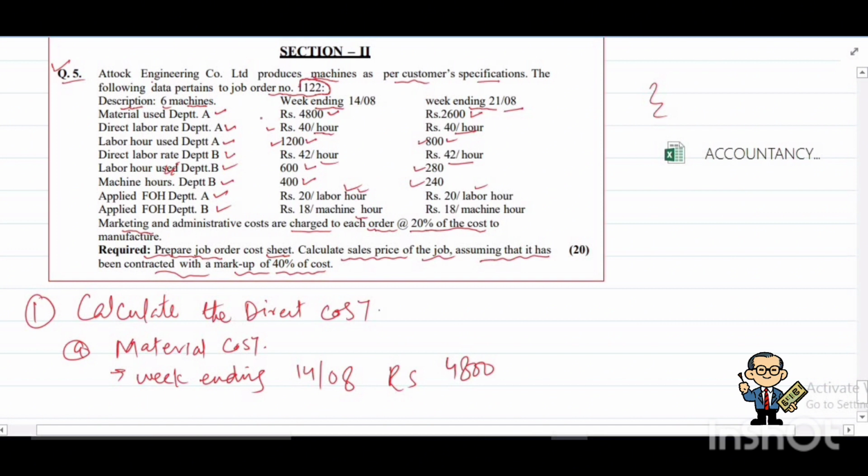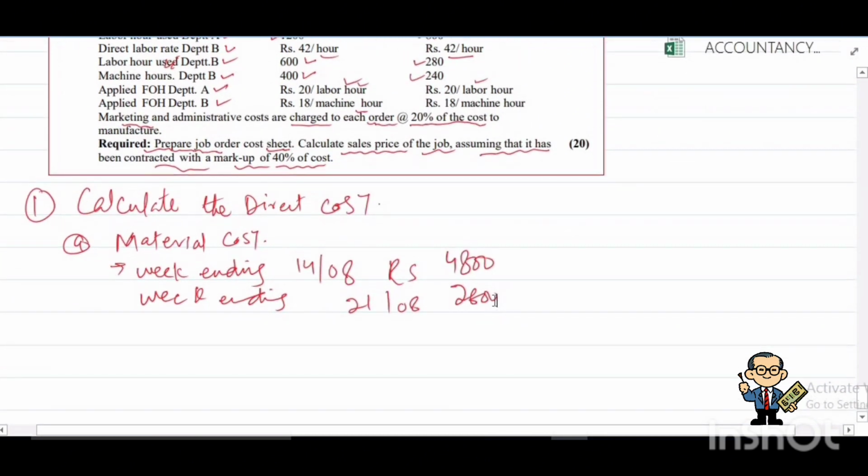Here, if you see, okay, fine. And then another week ending, that is 21 August, is 2600. Clear? Now the total material cost will be, just add up these.